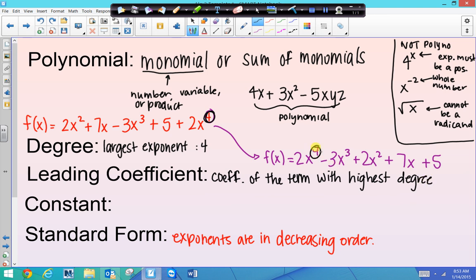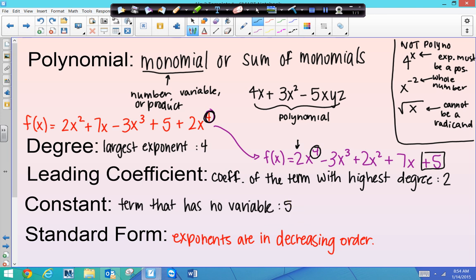So here is our highest exponent. The coefficient of that term is 2. And the constant term is the term that doesn't vary, so the term that has no variable. In our case, that's 5.